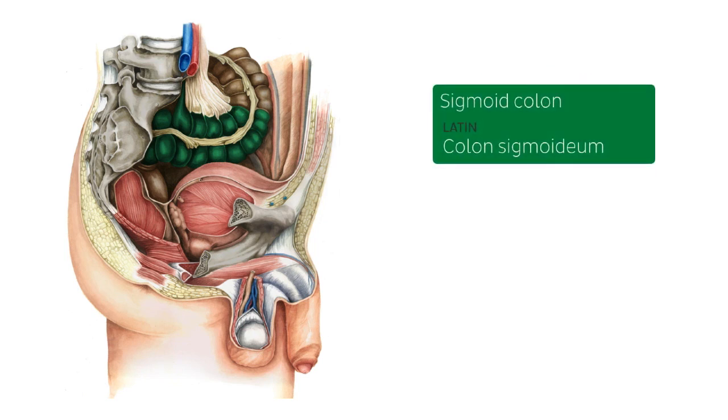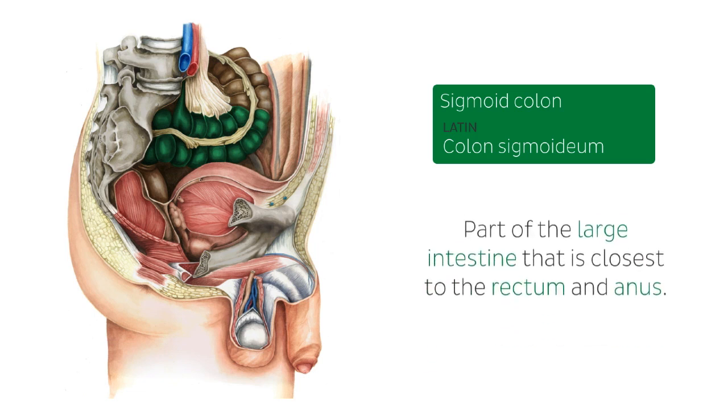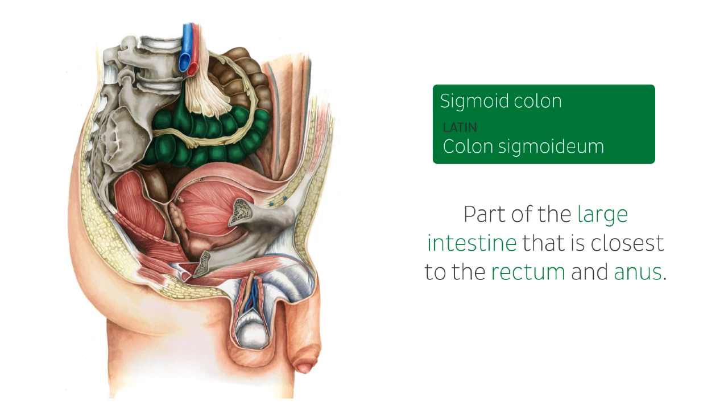The sigmoid colon, also sometimes called the pelvic colon, is part of the large intestine that is closest to the rectum and anus. It forms a loop that averages about 40 centimeters in length and normally lies within the pelvis, but on account of its freedom of movement, it is liable to be displaced into the abdominal cavity.